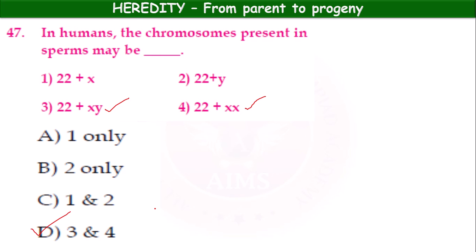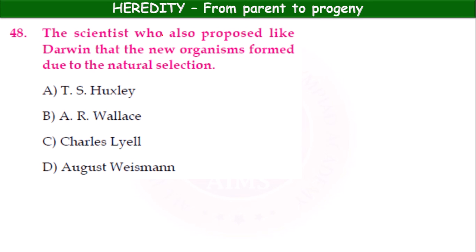So, option D. The scientist who also proposed, like Darwin, that new organisms formed due to natural selection is Alfred Russel Wallace. Both of them proposed the theory of natural selection.